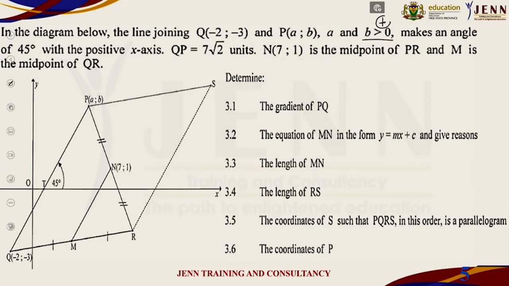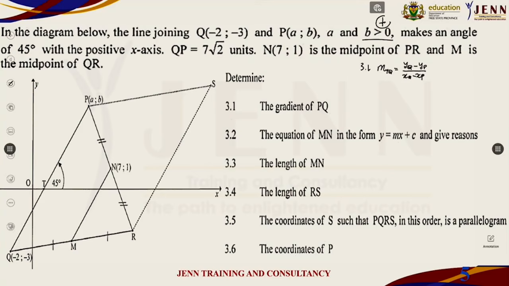Let me write it here: the gradient of PQ equals the y-coordinate of Q minus the y-coordinate of P, divided by the x-coordinate of Q minus the x-coordinate of P.